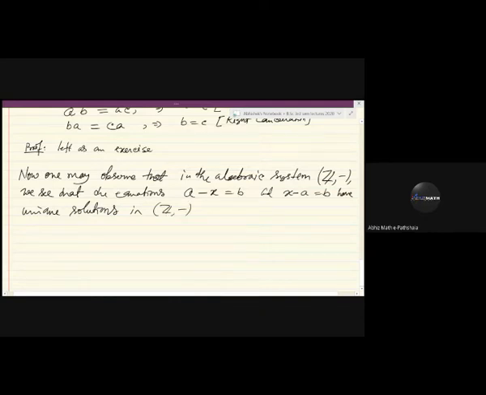For the first one, you will have b minus a, and for the second one, you will have a plus b.